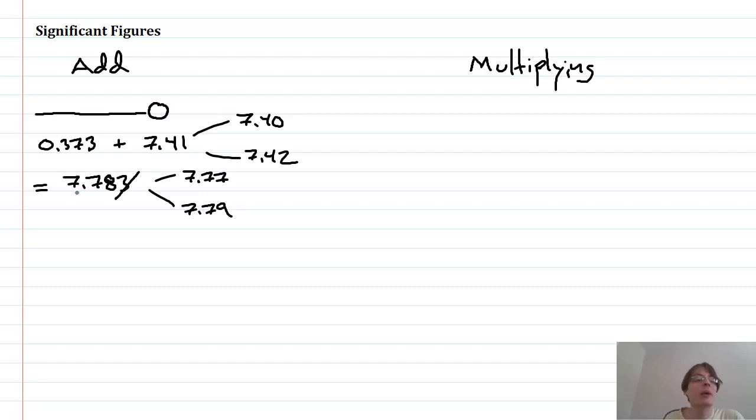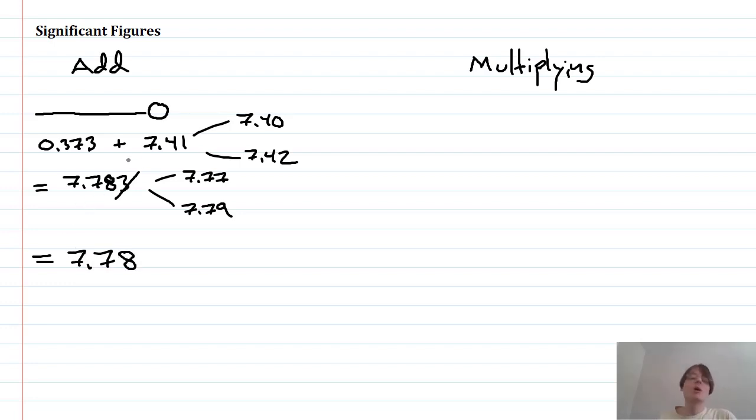That's what I really mean when I report my answer as 7.78. It's somewhere in that range. So if I want to report my answer confidently, which we want to do, then I have to respect the significant figures and round it appropriately to 7.78.